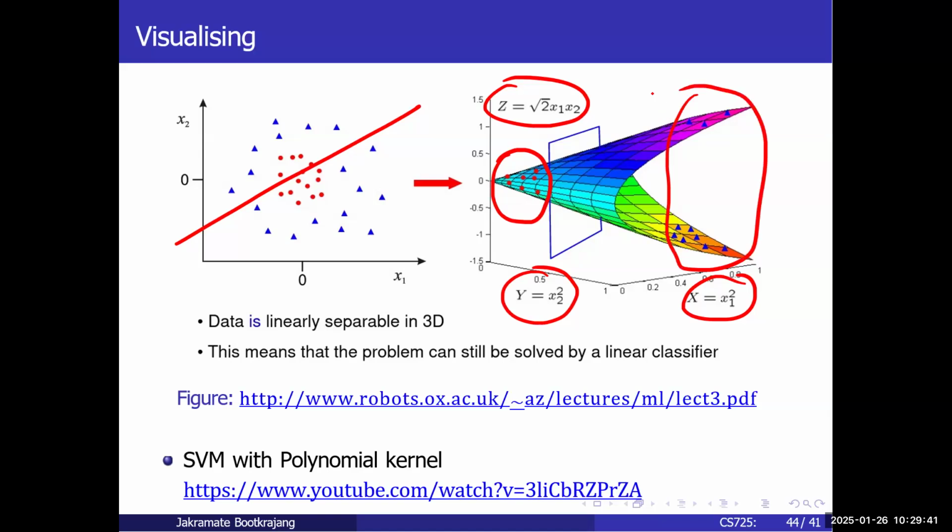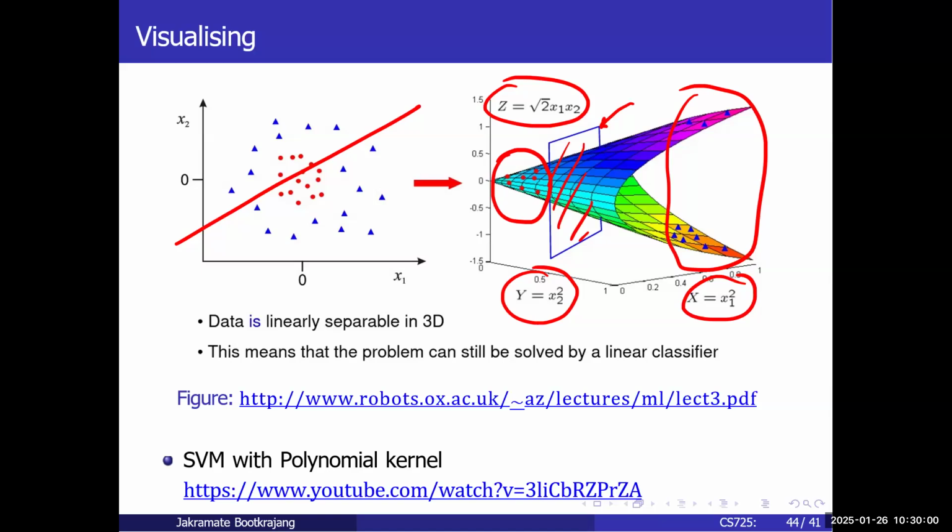It's still the same data, but now the data moves to 3D, and you can have the decision boundary here that can separate the red and the blue.